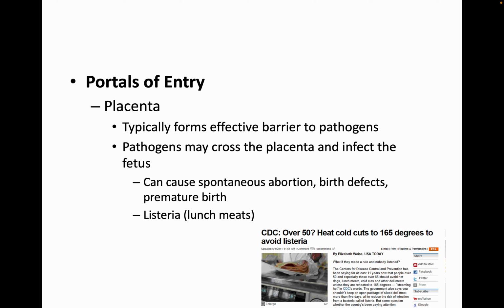Lunch meat can contain listeria, a pathogen causing listeriosis. So if you're pregnant or over 50 and at a higher risk for listeria, it's recommended that you heat your deli meat, your cold cuts, up to 165 degrees or steaming.